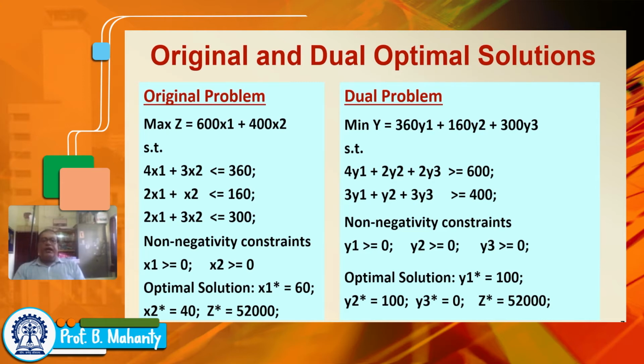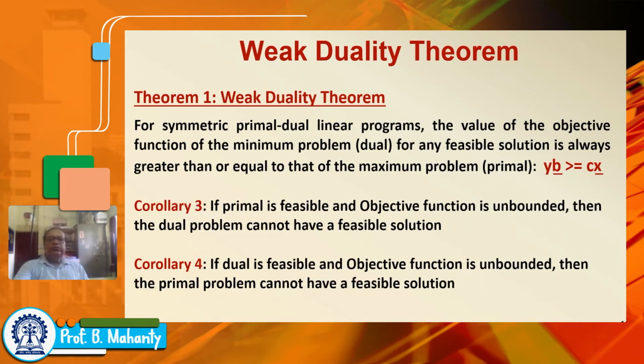So since it is the lower bound of the dual problem, the minimization problem, what is happening? In the minimization problem we do not have any bound, isn't it? So therefore we can say that if the primal is feasible and the objective function is unbounded, then the dual problem cannot have a feasible solution.